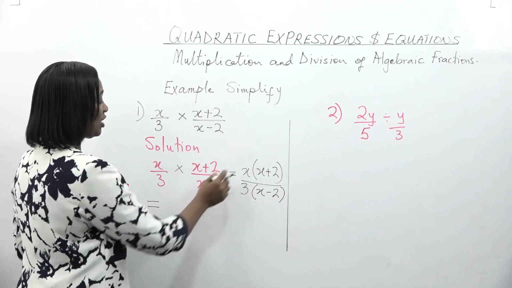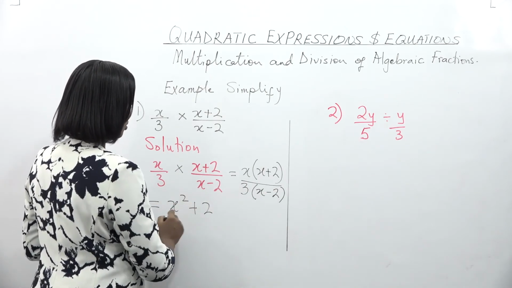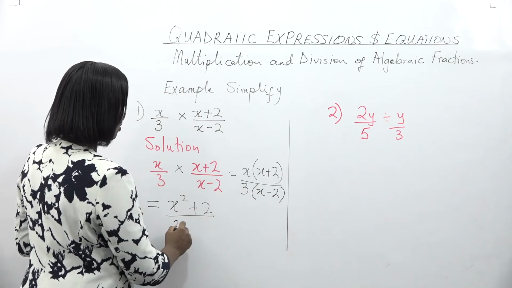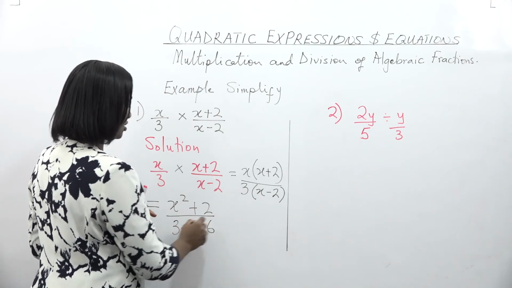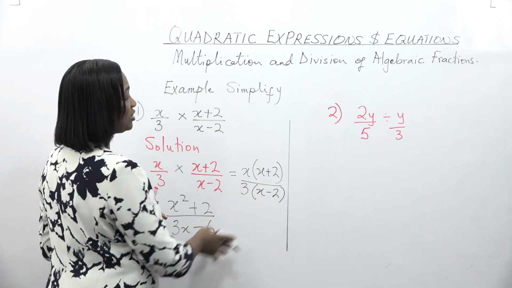And our final answer will become x squared plus 2x over 3x minus 6. That is 3 times x minus 3 times 2.